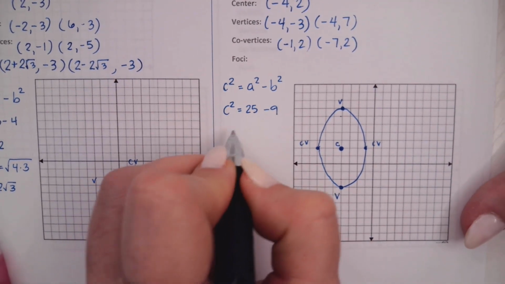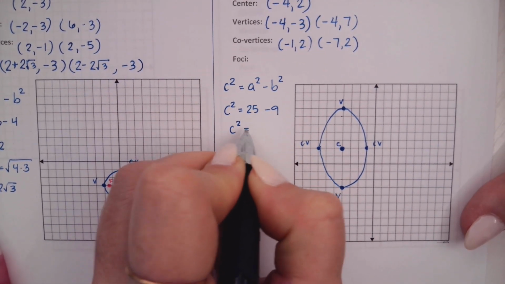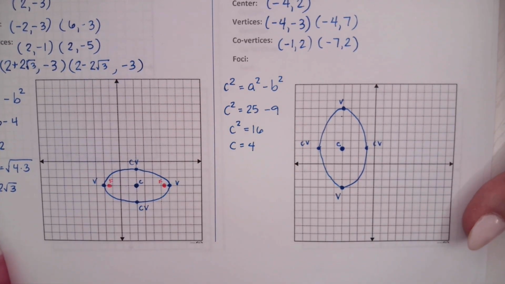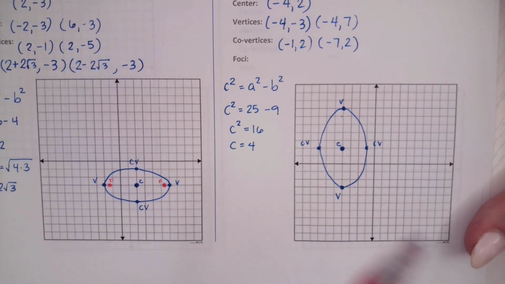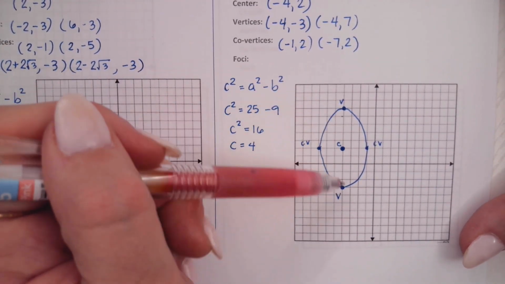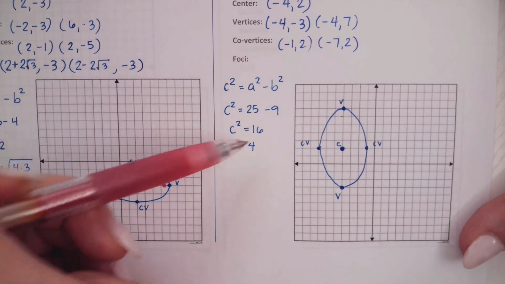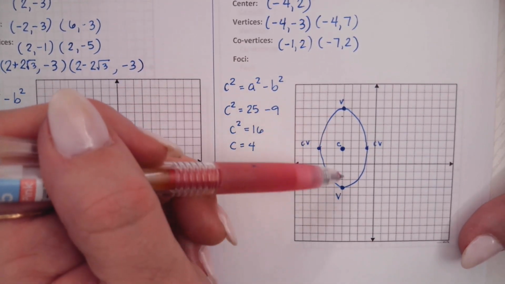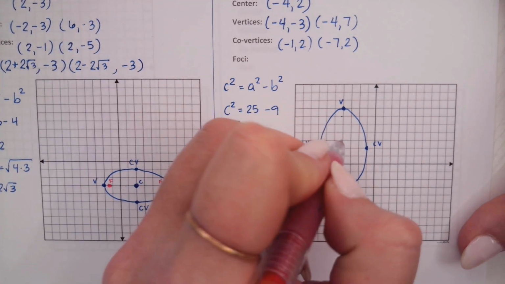What do those subtract to? 16. Hallelujah, a perfect square. So c is 4. Those two foci should be on my longer axis, 4 units from the center, so from the center we need to go 4 up and 4 down.